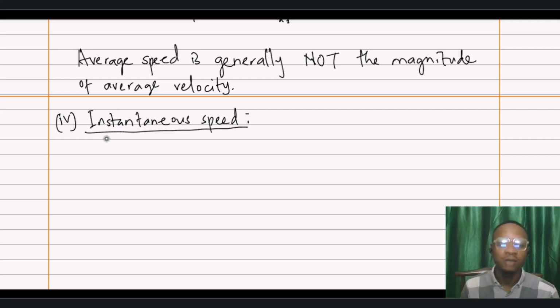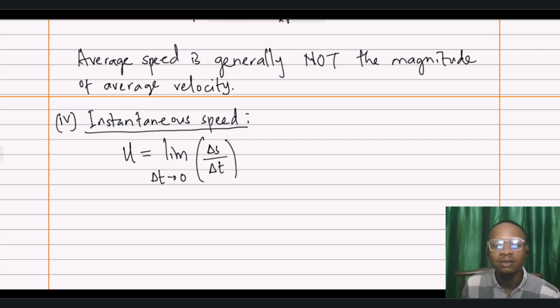So instantaneous speed means the speed at an instant of time. Definitely, this will also mean the limit as delta t approaches 0 of delta S, or S if you like, over delta t, where this is the distance traveled with respect to time. This is for a very tiny interval. The interval is approaching 0.